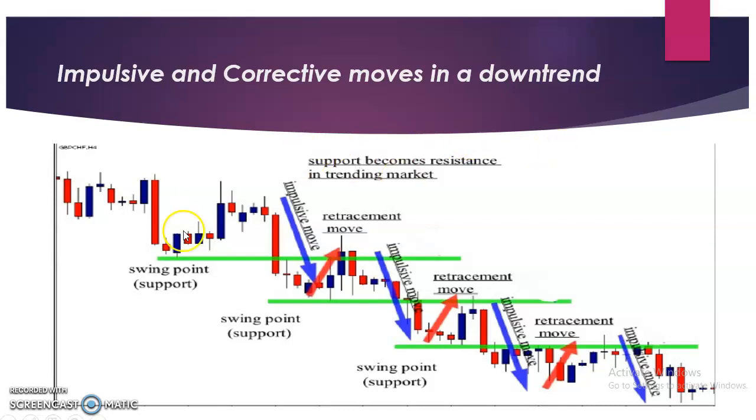Now, let's look at this again. As you can see, just look at the left side of this chart. Let's start analyzing this from that particular point. Don't worry, you're going to get it. So let's look at that.